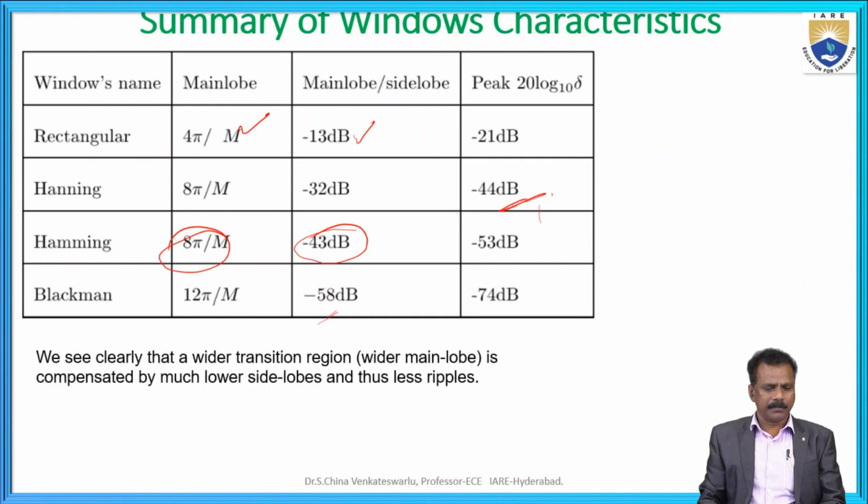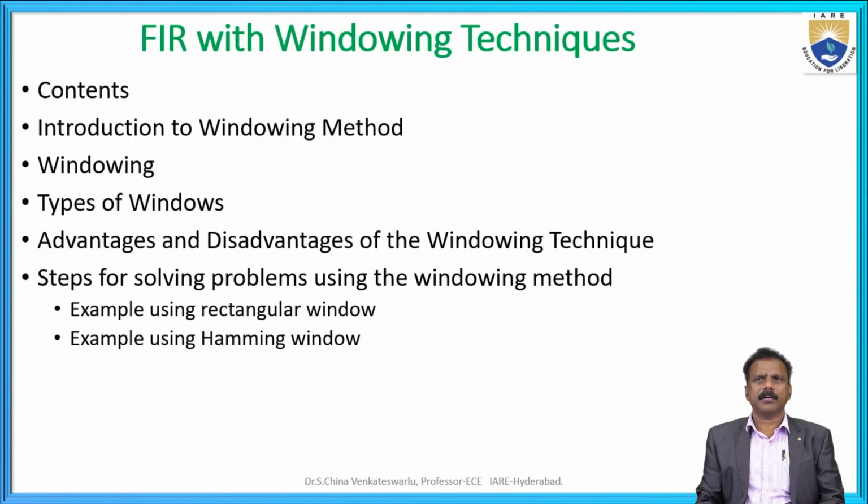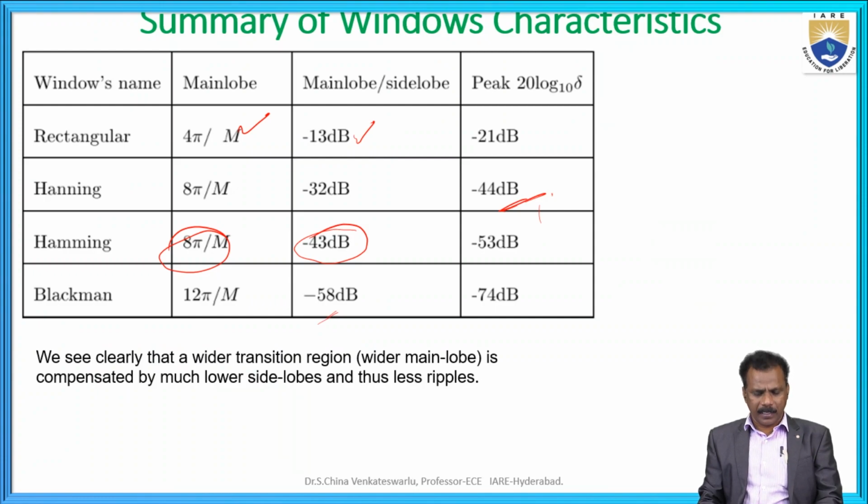We see clearly that the wider main lobe and transition region are compensated by much lower side lobes and thus less ripple. With windowing techniques, we can easily analyze different aspects of our FIR filter design. Using the rectangular window, we are ready to verify other windows, such as the Hamming and Blackman windows, and how they vary.